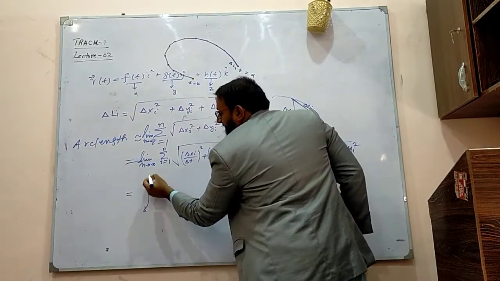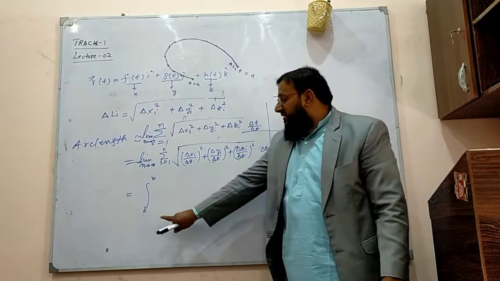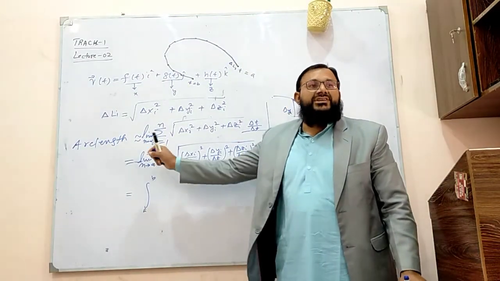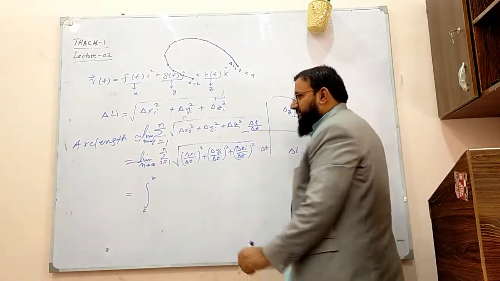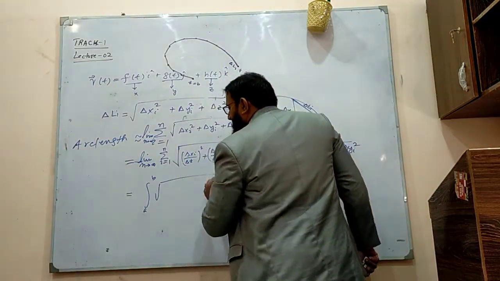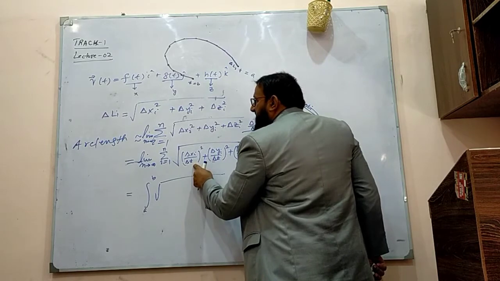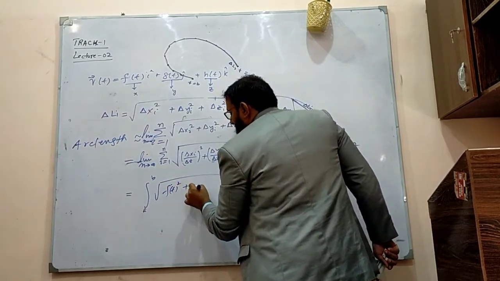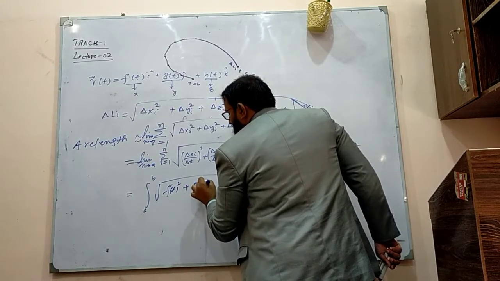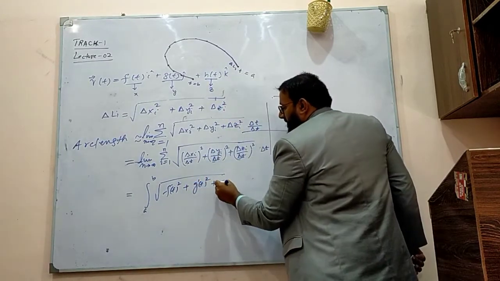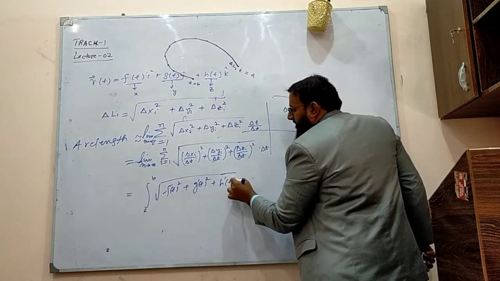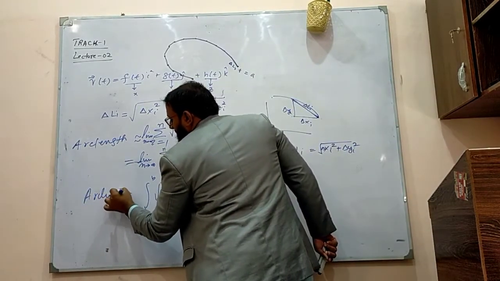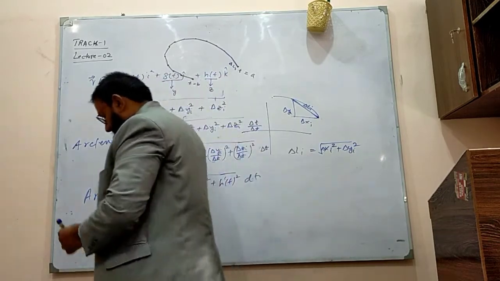So this is your integral from a to b, or you can call it t naught up to any fixed t, of the square root of dx over dt, or f prime t, squared plus g prime squared plus h prime squared, dt. This is what we call arc length.